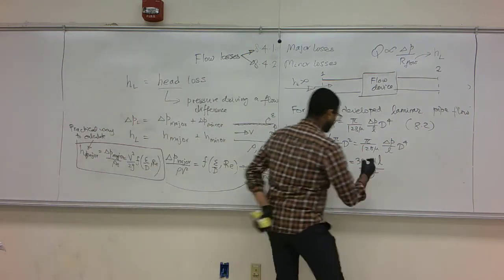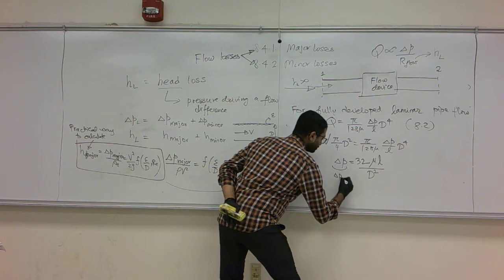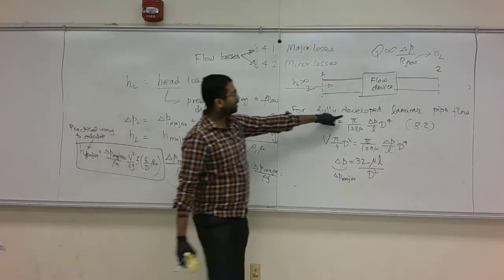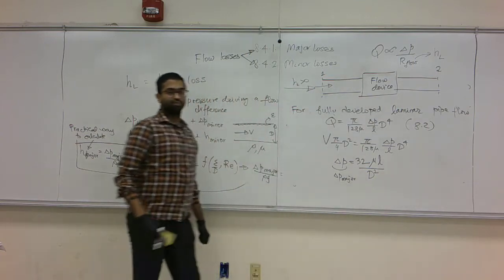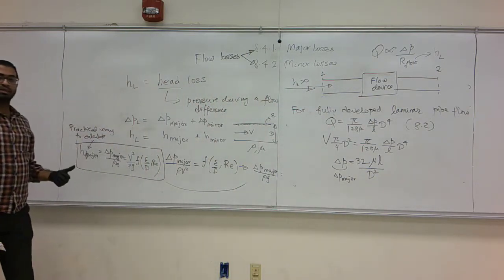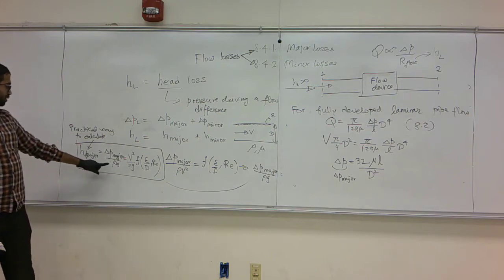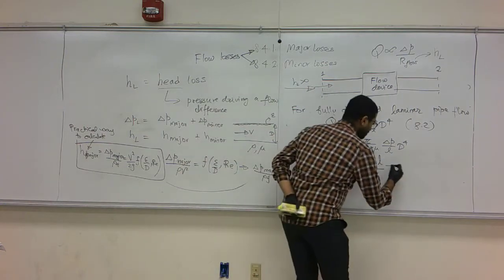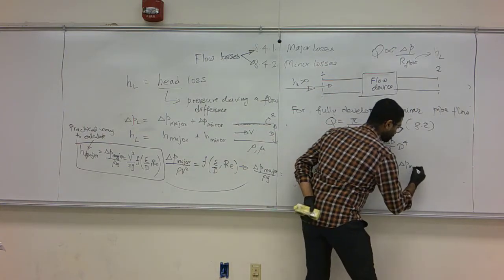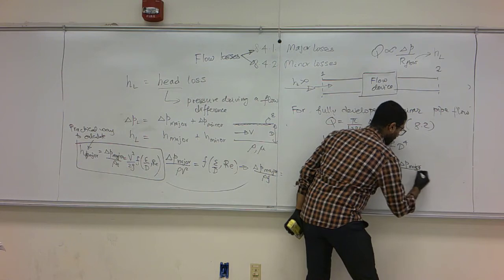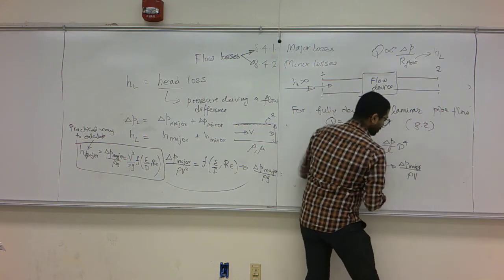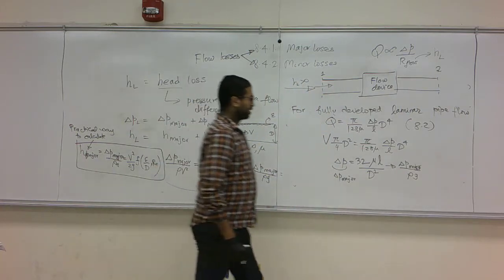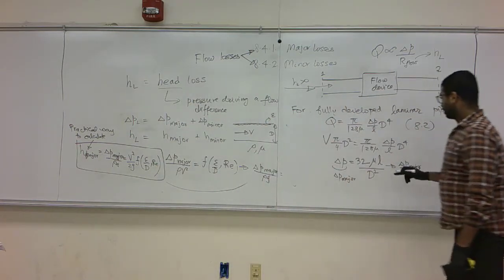So if this is my delta P major, or my major loss in the case of fully developed laminar pipe flow, for me to express this in terms of head loss, I'm going to take this delta P major divided by rho g.